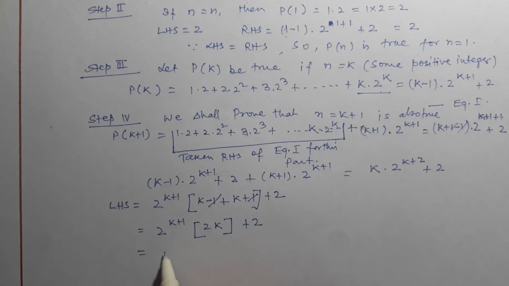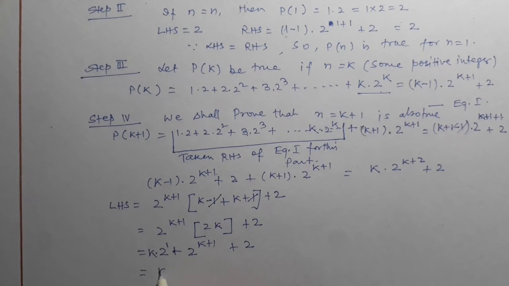Now we can write it as 2·k·2^(k+1) + 2. Now we find that this 2 has power 1, this 2 has power k+1, so these will be added.